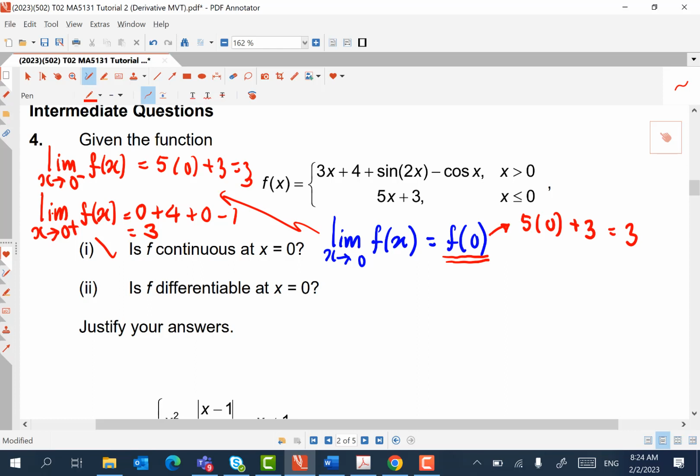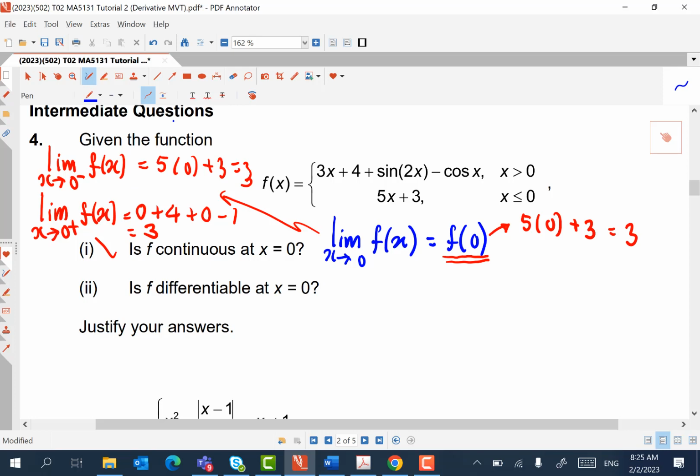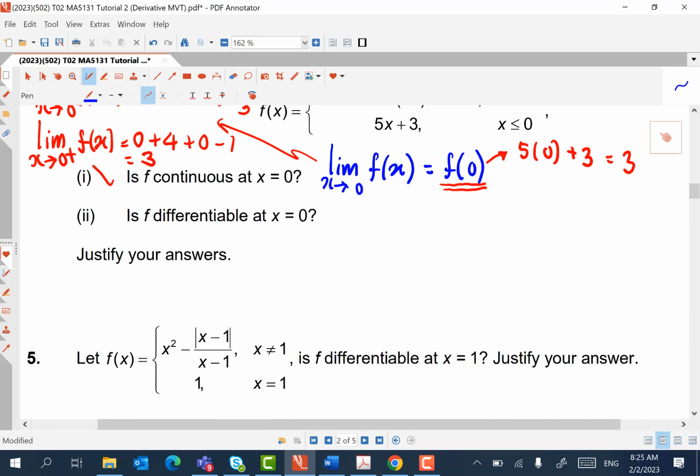The next thing is, is it differentiable at x equals 0? To check for differentiability, again you have to revert back to this sentence. You have to revert back to f prime of 0. How do we evaluate f prime of 0?